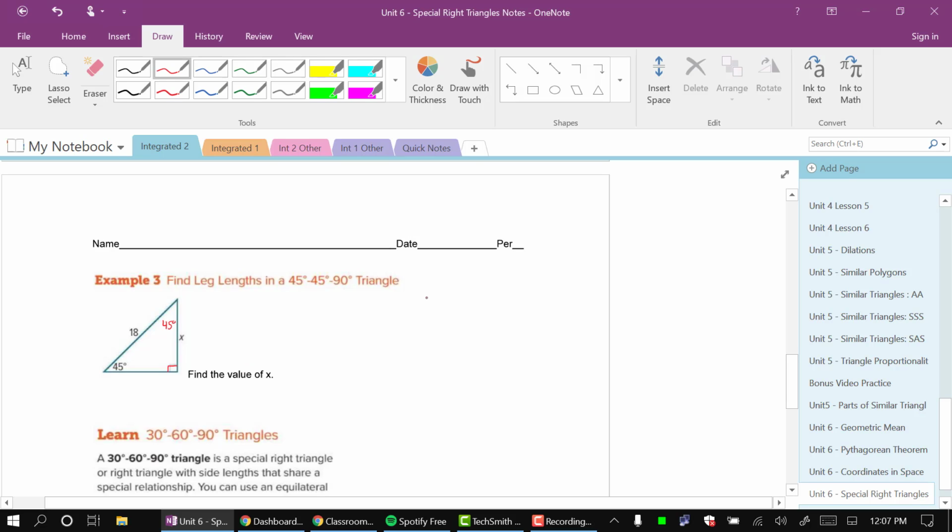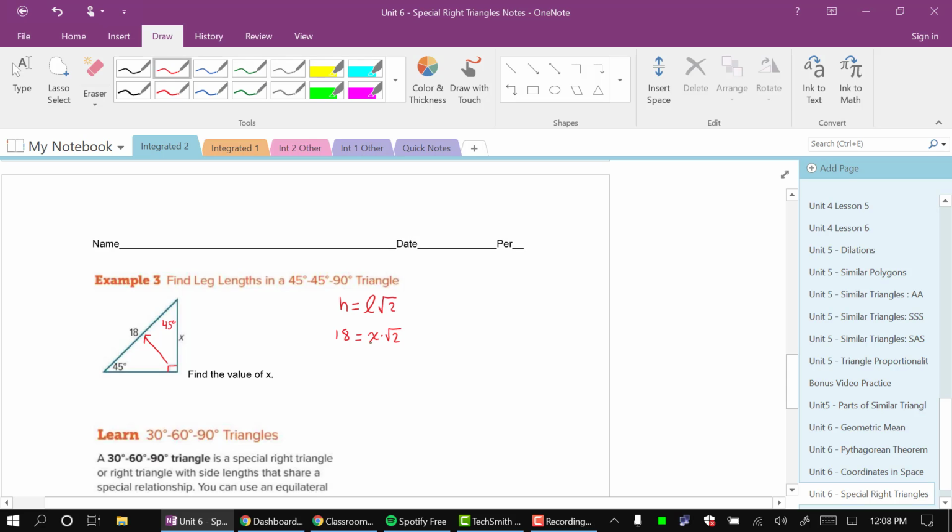So we're going to use our formula again: hypotenuse equals leg times the square root of 2. Opposite our right angle is our hypotenuse, so we have our hypotenuse value in this case, 18. We don't have our leg value, that's our unknown, so this is going to be x times root 2.